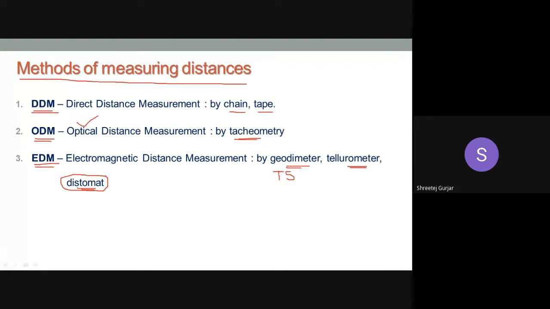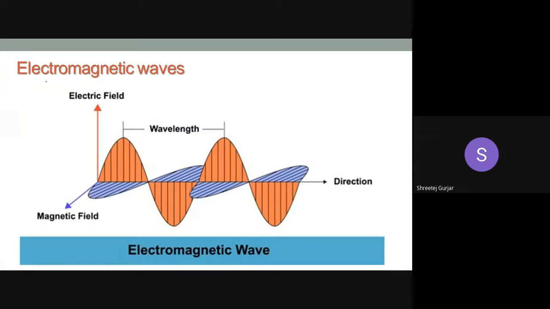So we shall move on to the next part, that is electromagnetic waves, right? Because your instrument works on these electromagnetic waves, we need to first understand what these electromagnetic waves are. So we have a combination of two types of waves. You can see here we have electro and we have magnetic.